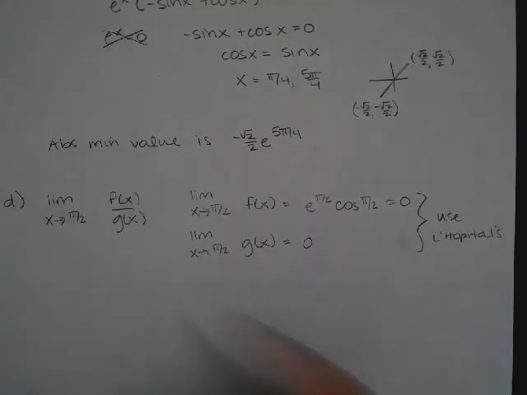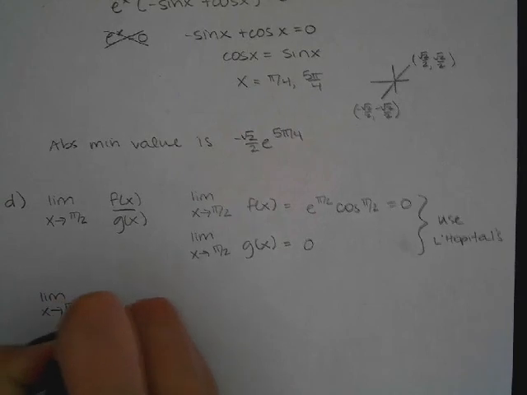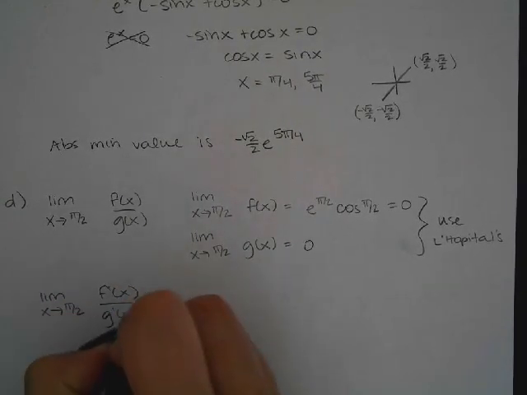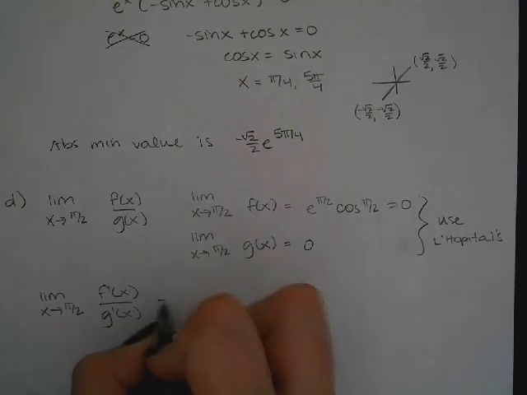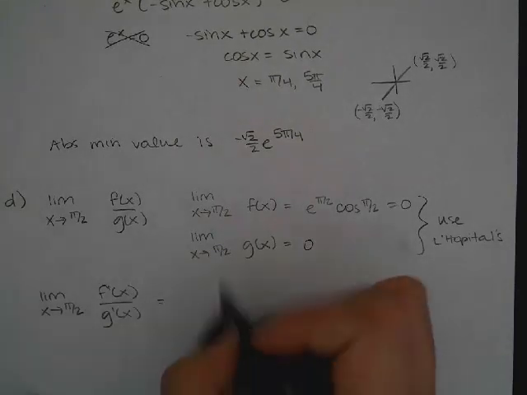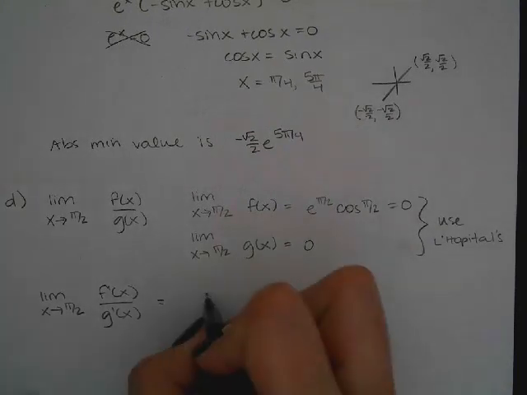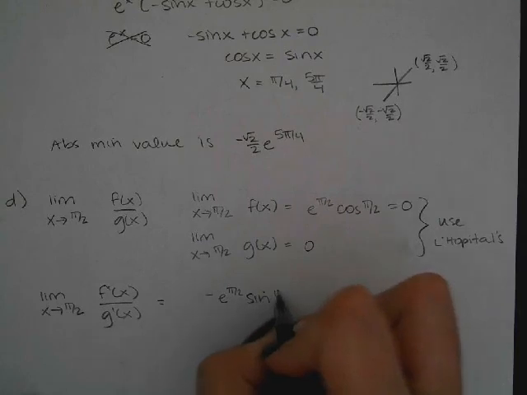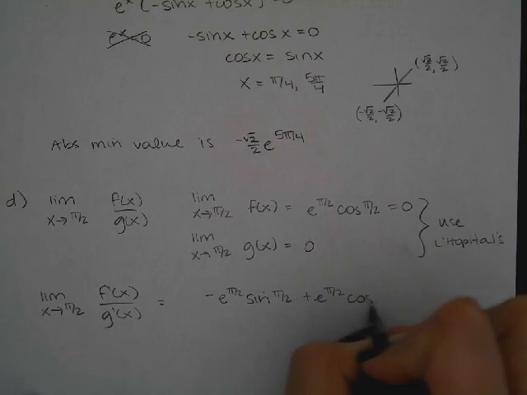Okay, so now I'm going to have the limit as x goes to pi halves, f prime of x over g prime of x. So f prime of x is going to be negative e to the pi halves sine of pi halves plus e to the pi halves cos of pi halves.